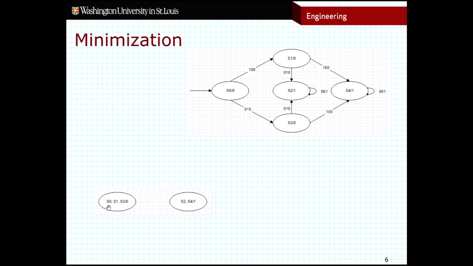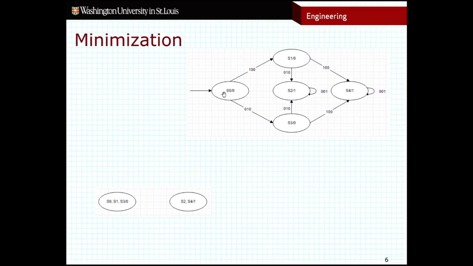So in other words, I want to take a look at S0, S1, and S3 and see if I can find a transition out of one of these 3 states that does not match the same transition out of another one of these 3 states. So since we've already done this example once, we already know what that transition is going to be.